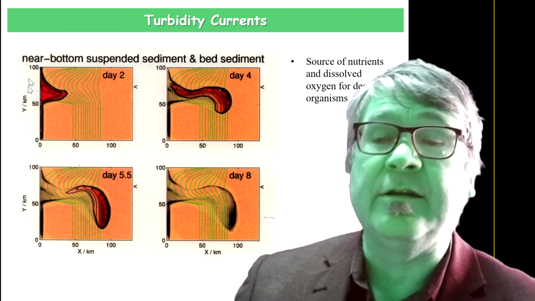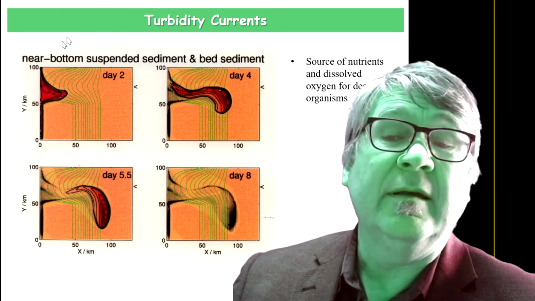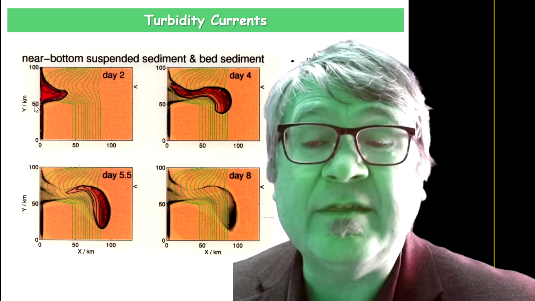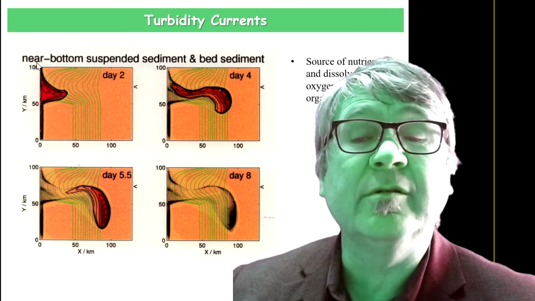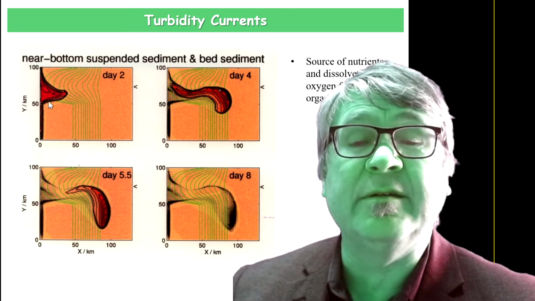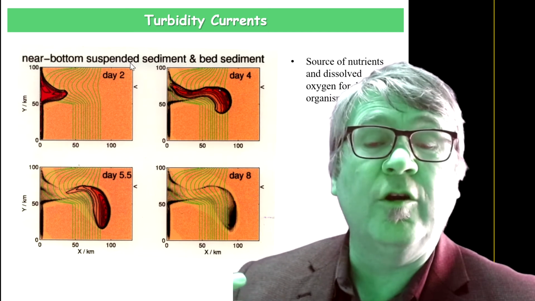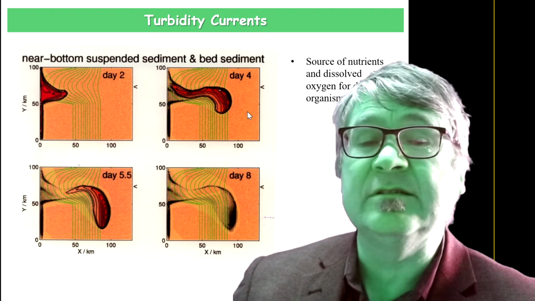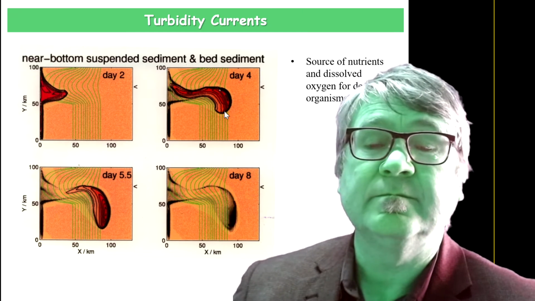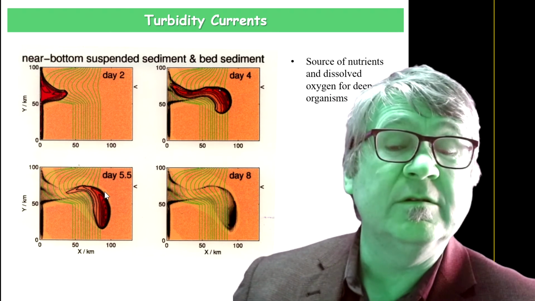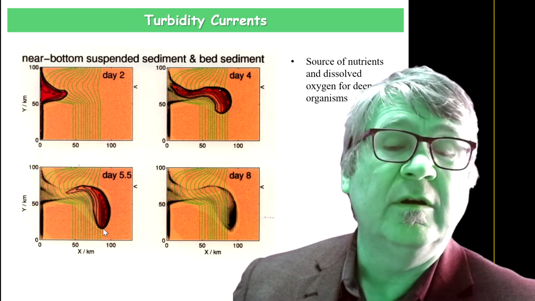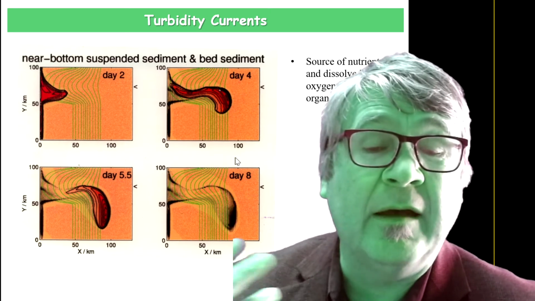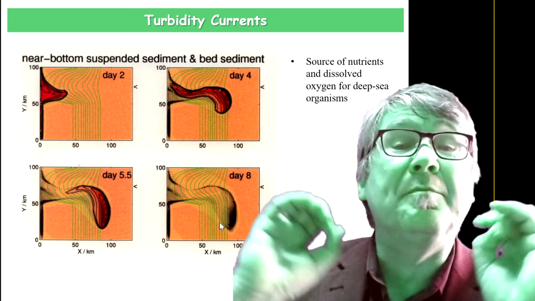Okay, you can see after day 2, this red thing here is a turbidity current, elevated levels of sediment. And day 4, you can see it flows down on the right-hand side of this canyon. It moves to the right, and at day 8, you can see the deposition area.